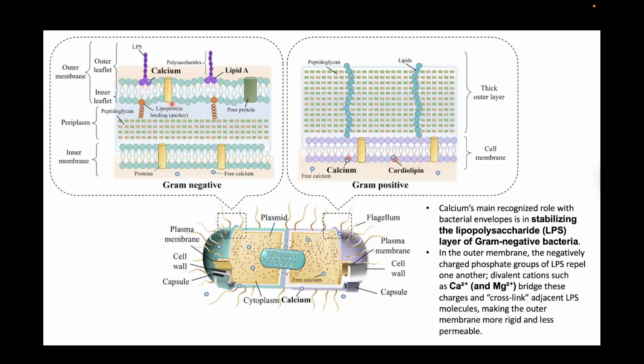Divalent cations such as calcium, and also magnesium, let me tell you, bridge these charges and cross-link adjacent LPS molecules, making the outer membrane more rigid and less permeable. So calcium conjugation with LPS in the membrane makes it more rigid and less permeable, strengthening the cell wall, giving additional strengthening properties to the cell wall offered by the calcium in gram-negative bacteria.